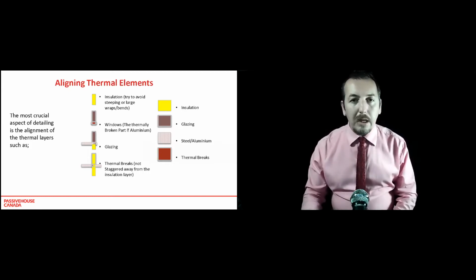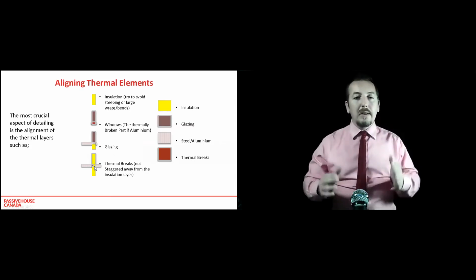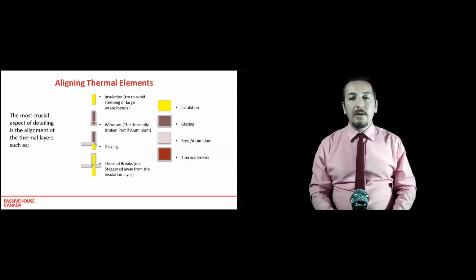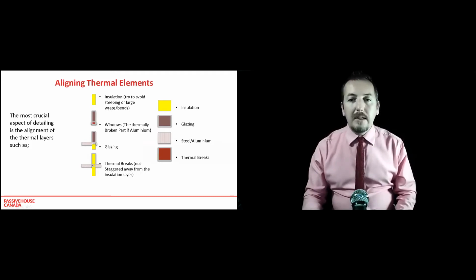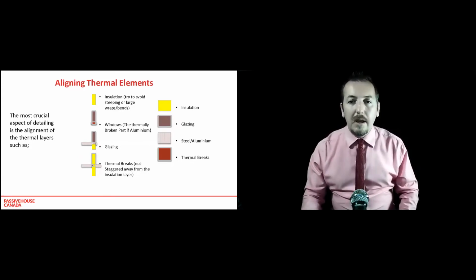The thermal elements that we have are obviously the insulation layer, windows, the thermal break in windows, glazing units, the thermal break again and how that connects with insulation, and then thermal breaks and products that we use to bridge one insulation layer to another. So we've basically got insulation. Glazing is obviously a thermal layer. We've got triple glazing and quadruple glazing in some of our projects.